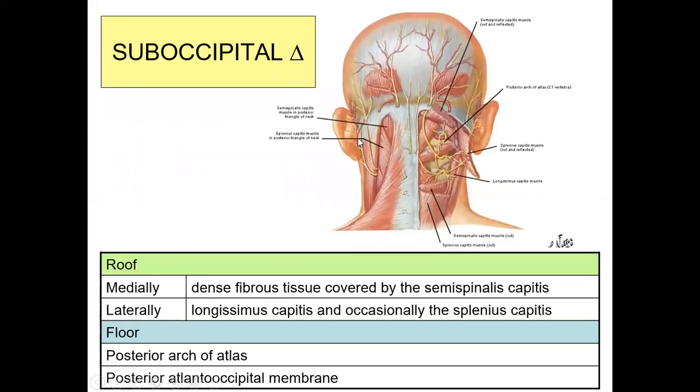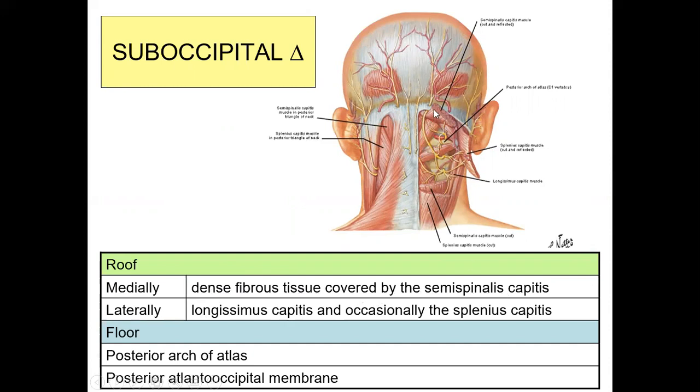Why is this suboccipital triangle important? Later we will discuss further. On the roof of this suboccipital triangle, on the medial side, there is a dense fibrous tissue that is covered by the semispinalis capitis muscle.